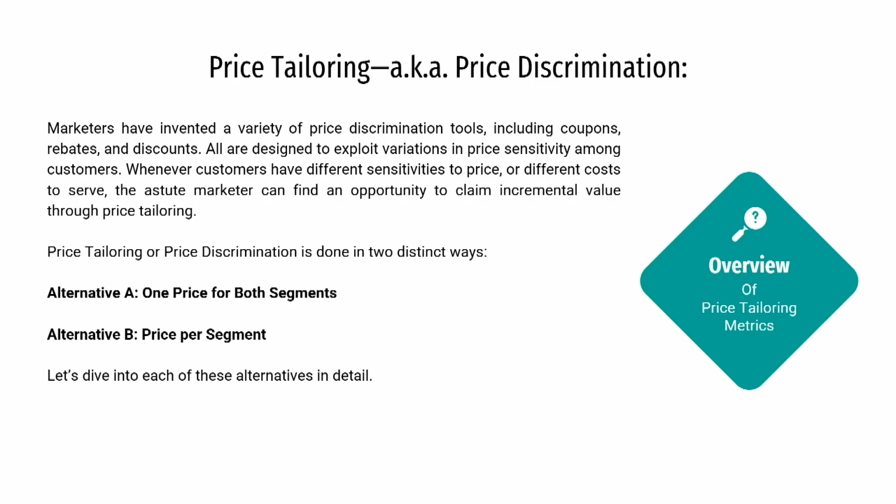So, this is a kind of intentional price discrimination, right. Whenever customers have different sensitivities to price or different costs to serve, the astute marketer can find an opportunity to claim incremental value through price tailoring. So, price tailoring or price discrimination is done in two ways. One is we will keep one price for all the segments, another one is that we will keep a price per segment.